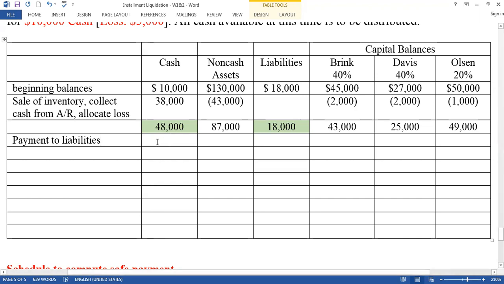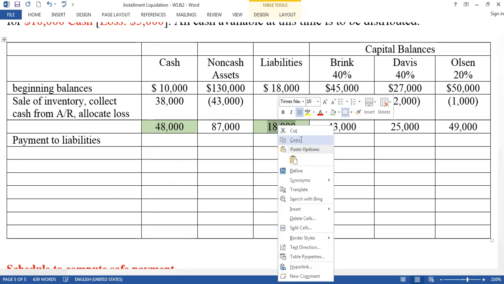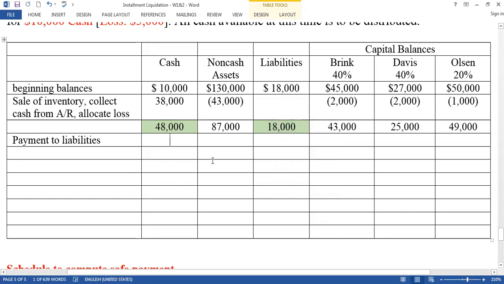We are going to pay them $18,000, so the liability decreases by $18,000. This is the payment made to the liability, right?